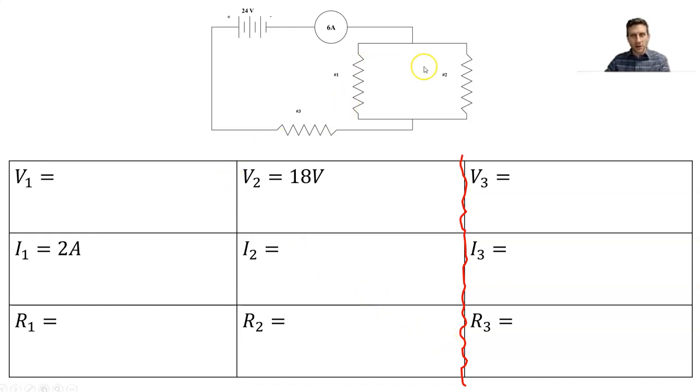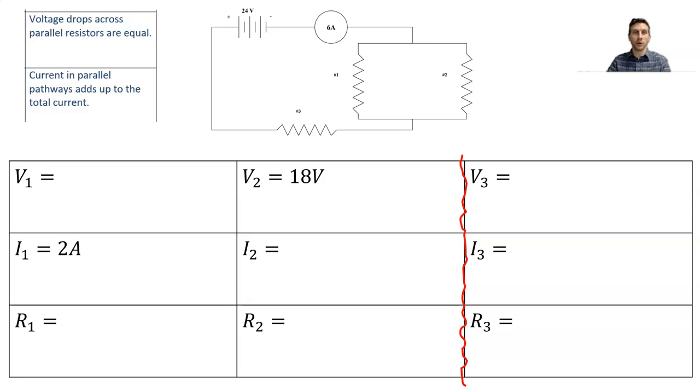Well, these are parallel. And so with parallel resistors, the voltages are equal. And what about current? Well, the current through parallel sections, parallel resistors, these add up to the total current. Okay? So you really want to make sure that you know those rules.